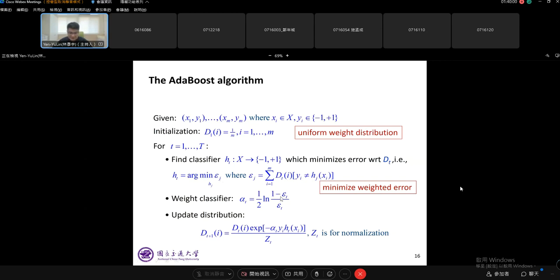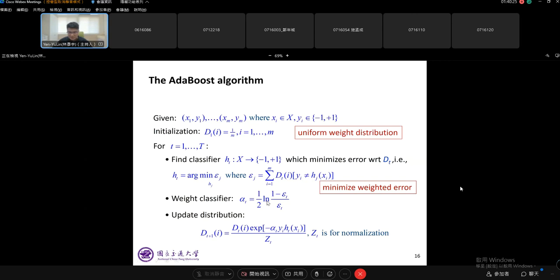Let's look at the range of the value alpha t. Epsilon t is lower than 0.5. So the numerator is always larger than the denominator, so the value of this fraction is always larger than 1.